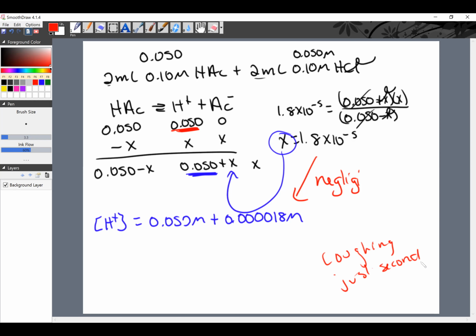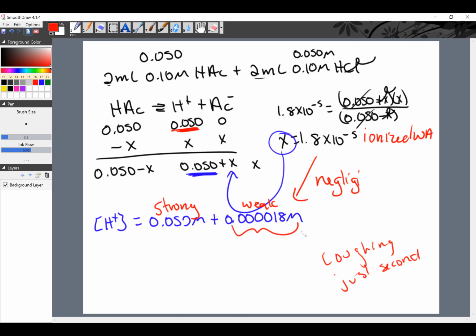Okay, so the key here is we found X. The whole point of these first three problems is to really give you a feel for what X is. X is how much ionized from the weak acid. That's not always going to control the pH because in this case, who cares? This came from the strong acid. This came from the weak acid. Well, that is so tiny, it's just negligible.